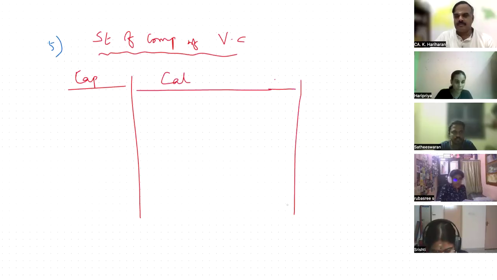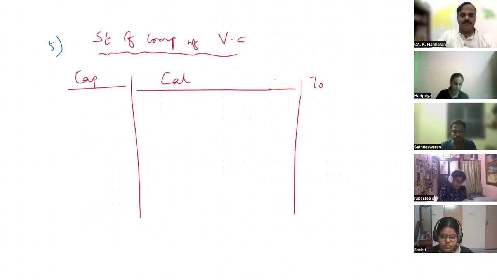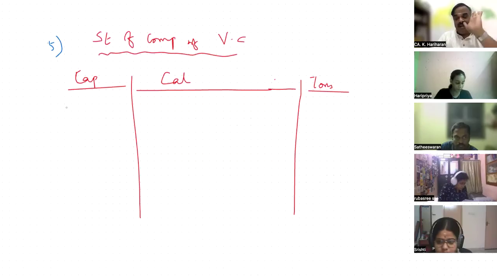Yes, sir. What is the first one? Rated capacity. So the maximum capacity is called rated capacity.